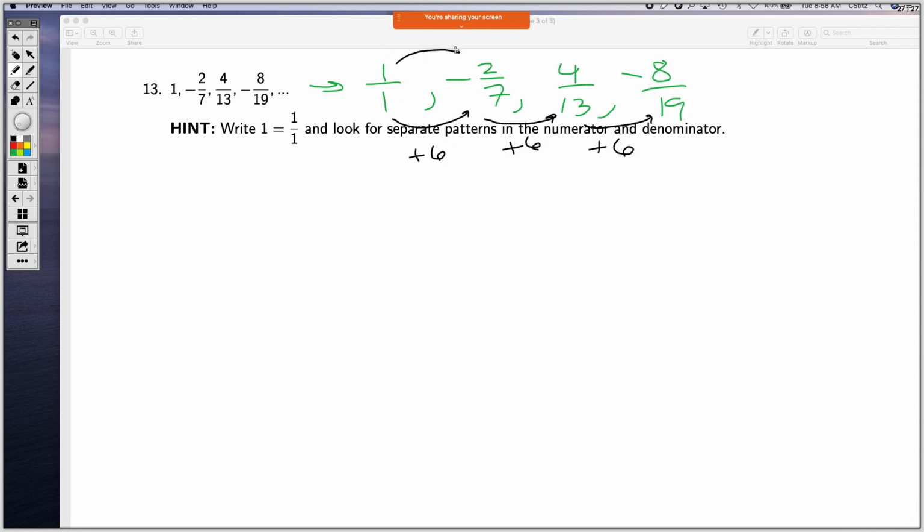If I look at the numerator here, what's happening? Looks like I'm always multiplying by 2. And if I want to associate the negative with the numerators, I'm always multiplying by -2. So once again, this sequence isn't geometric, it isn't arithmetic, but it's built up of arithmetic and geometric parts.